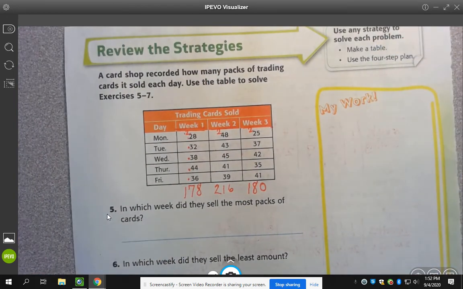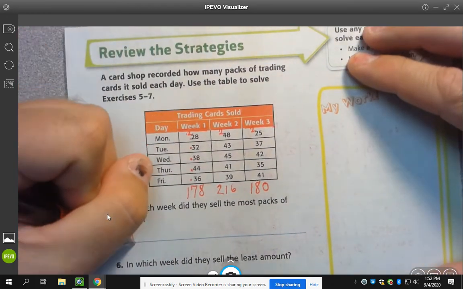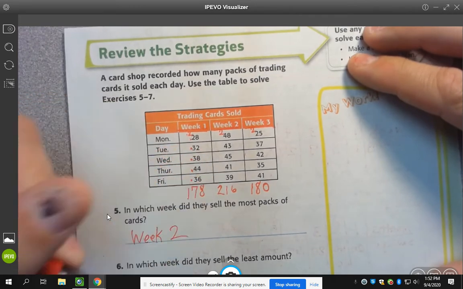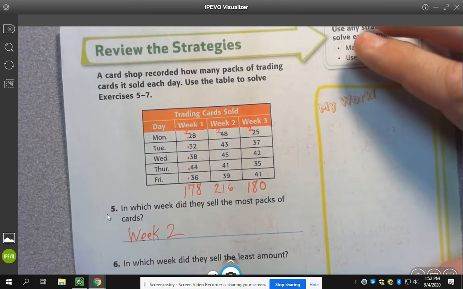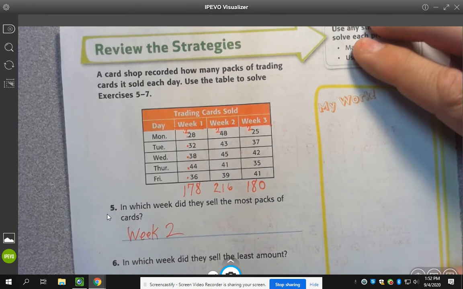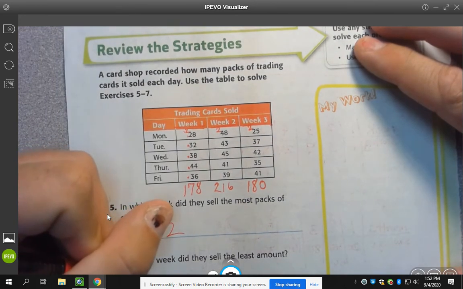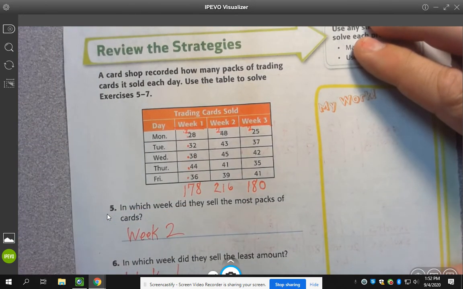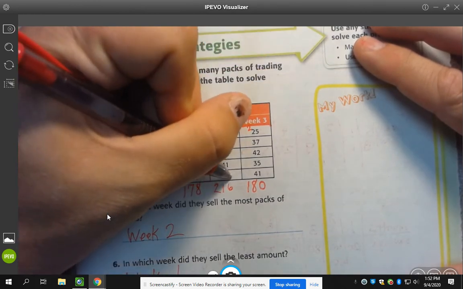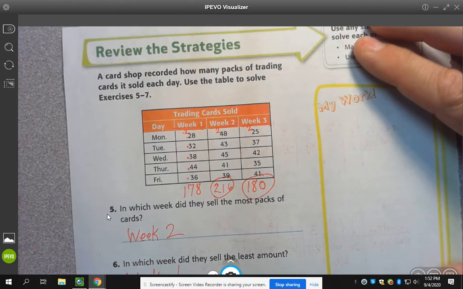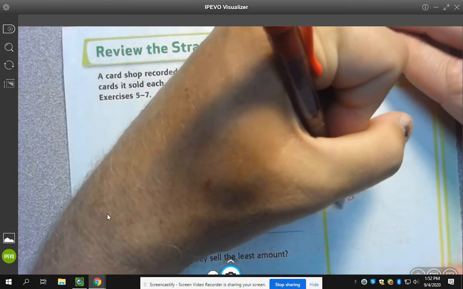Which week did they sell the most? Week 2. And which week did they sell the least? Week 1. How many more packs did they sell in week 2 than in week 3? So this one, what do we got to do to these two? So 216 minus 180.